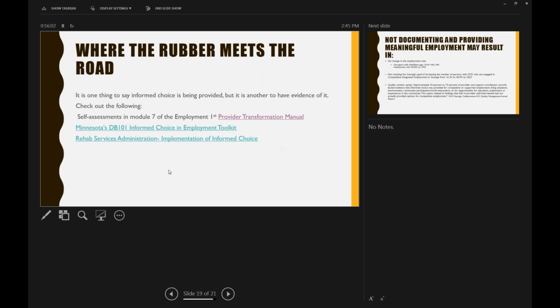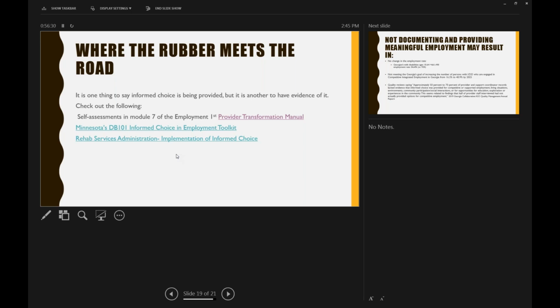Here also is a link for Minnesota's DB101 Informed Choice in Employment Toolkit. It's an excellent resource. I'm not saying that Minnesota is getting it right in the field, but they provide a lot of good resources that you might want to look at, which includes a handout on holding engaging conversations about work.